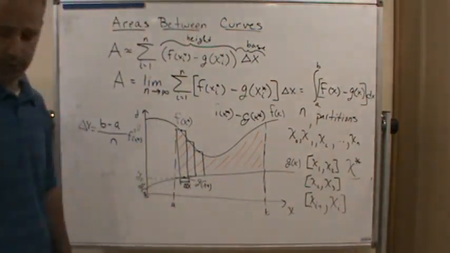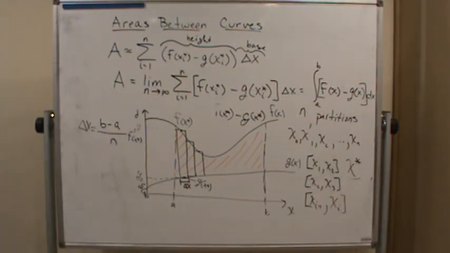So the delta x becomes the differential dx, and we're done. That becomes the way we're going to find the area between two curves.